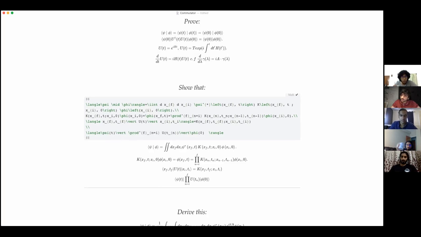I just had a question. Aren't you changing your name? It's just a matter of labeling, but you're going from phi of 0 to psi of t. Does that mean that phi is essentially different from psi? Or do we rely back on the previous equation where you just call the initial state phi and the final state psi?